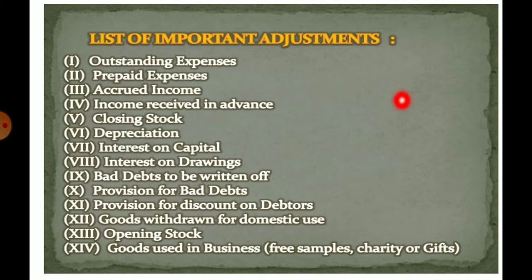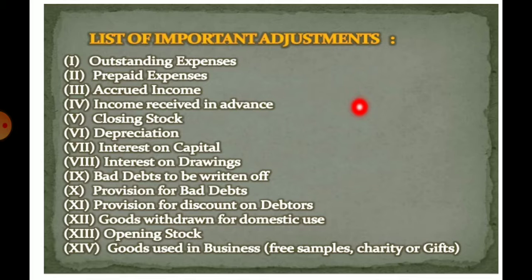The list of some important adjustments: outstanding expenses, which are those expenses which are due but not paid. Prepaid expenses are those expenses which are paid before the due date. Accrued income, the income which is to be received in the accounting period but is still not received. Income received in advance.